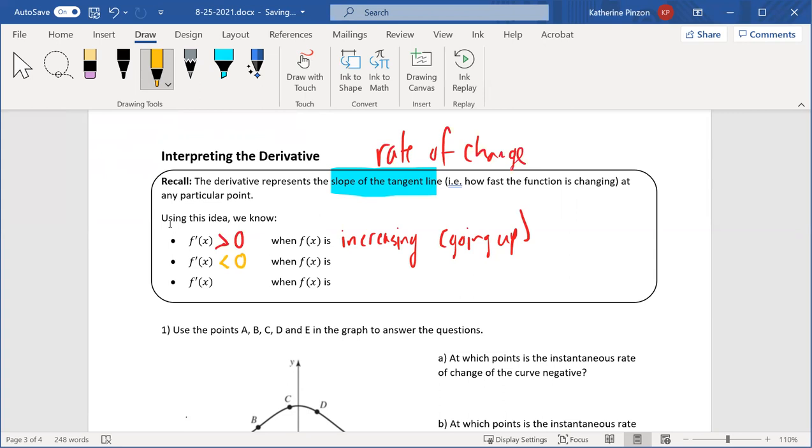It's going down. The function is decreasing. These go both ways. If you have a function and it's decreasing, your derivative is going to be negative. If you have a derivative that's negative, your function is going to be decreasing there. Okay, so these go in both directions, going down.